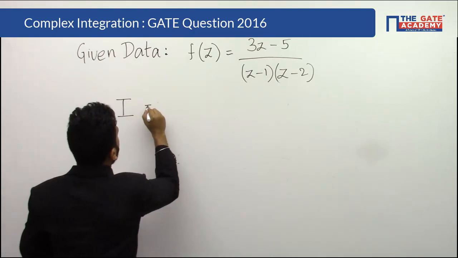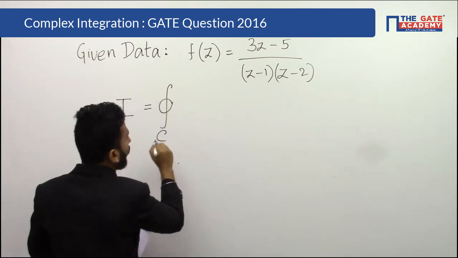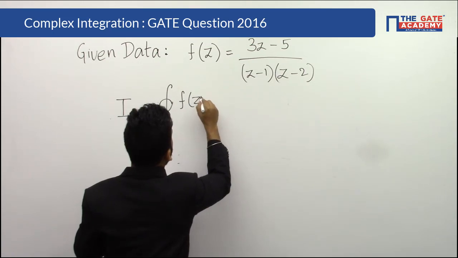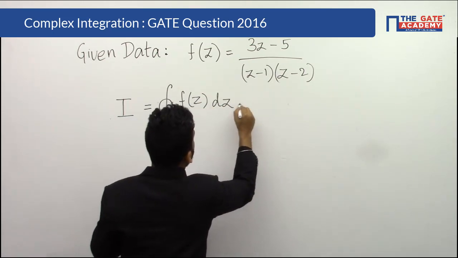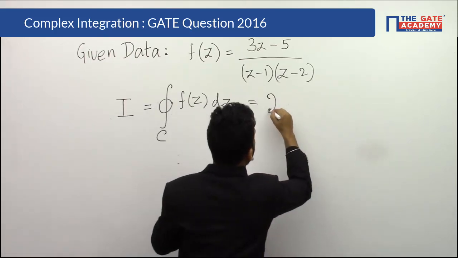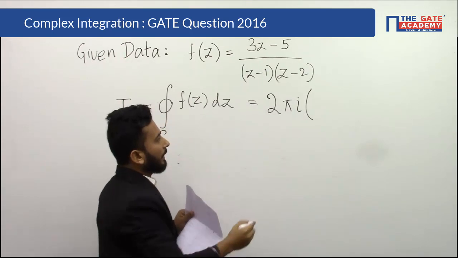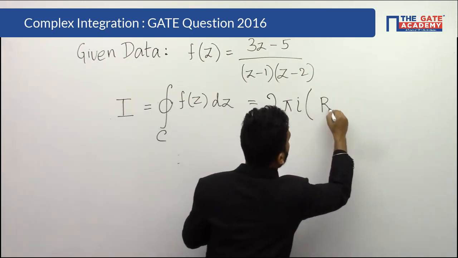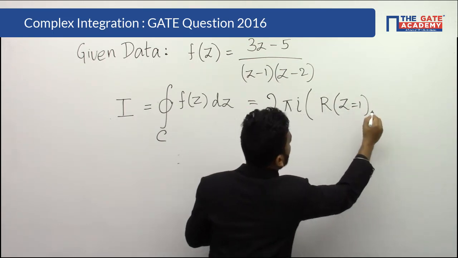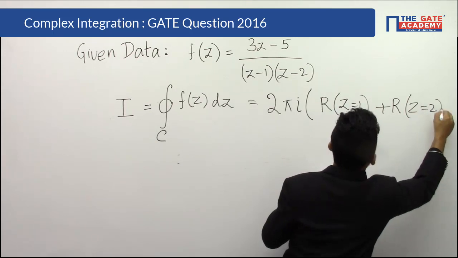The integration over the closed curve of f(z) dz, this was our question, is equal to 2 pi i into (the residue at z is equal to 1 plus the residue at z is equal to 2).